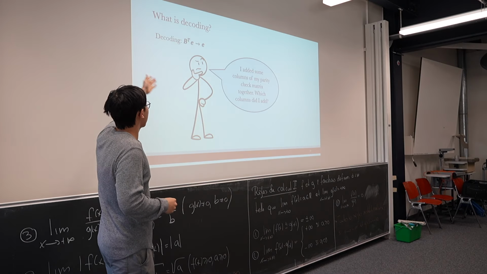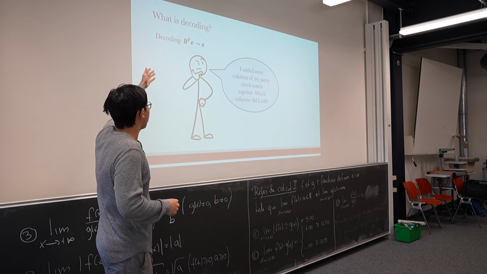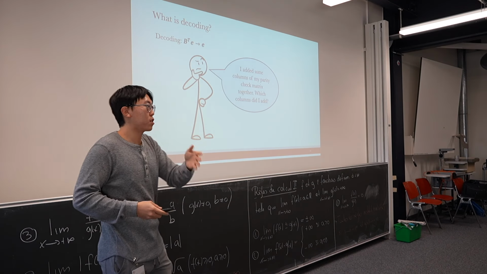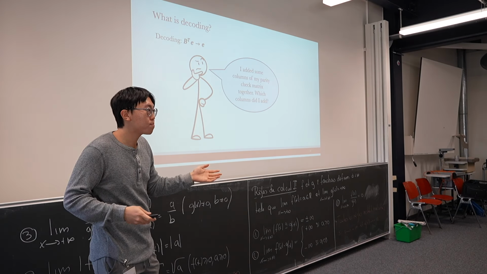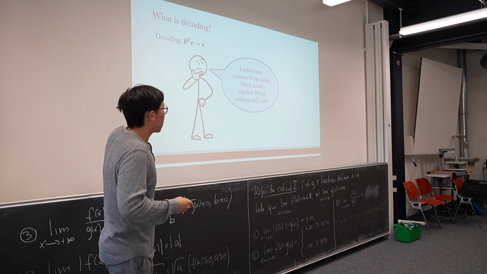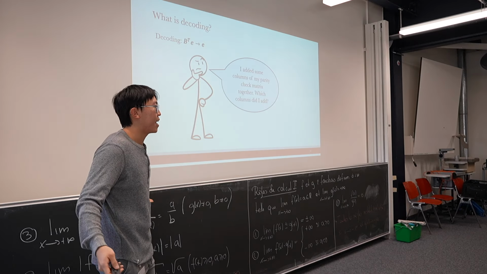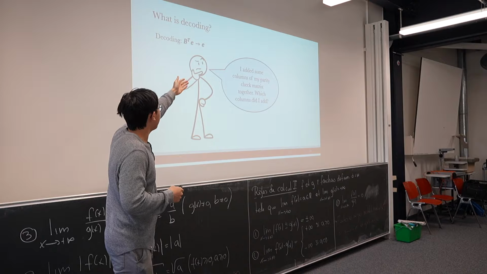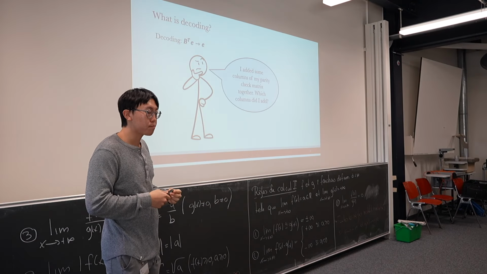You can think of this decoding problem as the following. B transpose has a bunch of columns. E specifies to you a bunch of columns to add together. And the question is, I've added a bunch of columns together. What columns did I add? This is exactly equivalent to the question of what is E given B transpose times E.